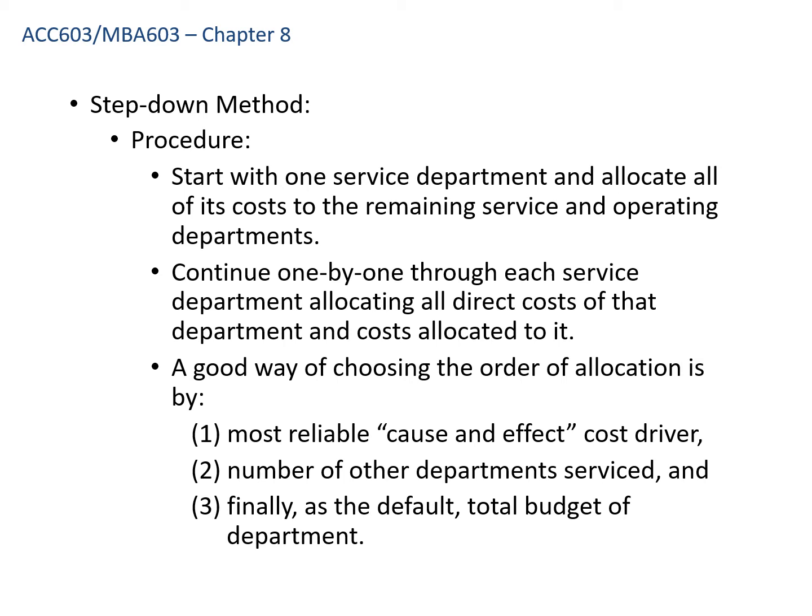One is to use cause and effect: which department is doing the most for other service departments. That would actually be number 2. So cause and effect would be which departments affect the most other departments. Number 2 would be the most other departments that are serviced. And then number 3 is just total budget amount by dollars.